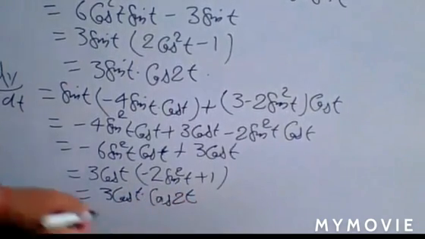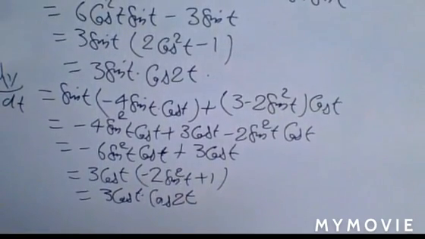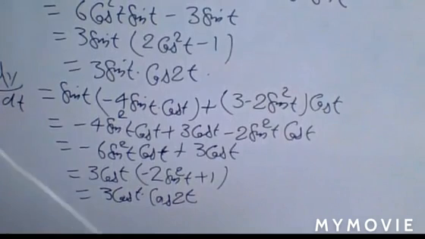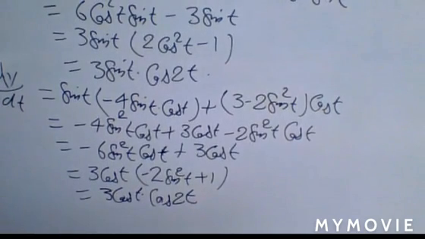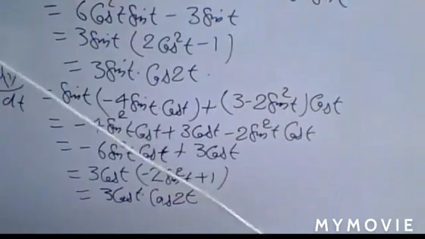Write it. In this way you have the values of dy by dt and dx by dt, and with the help of that you can find the value of dy by dx at x is equal to pi by 4.